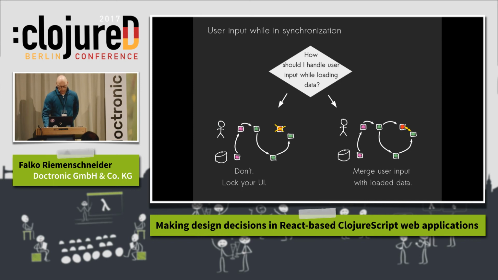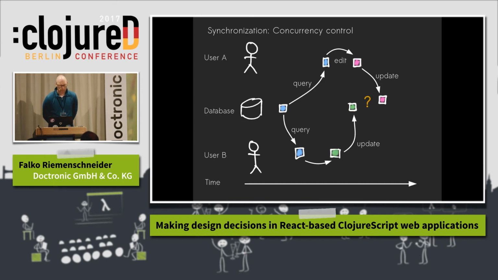And then we have a last small problem, and this has basically to do with having state in the front end and in the back end, and allowing users to edit the same entity simultaneously.